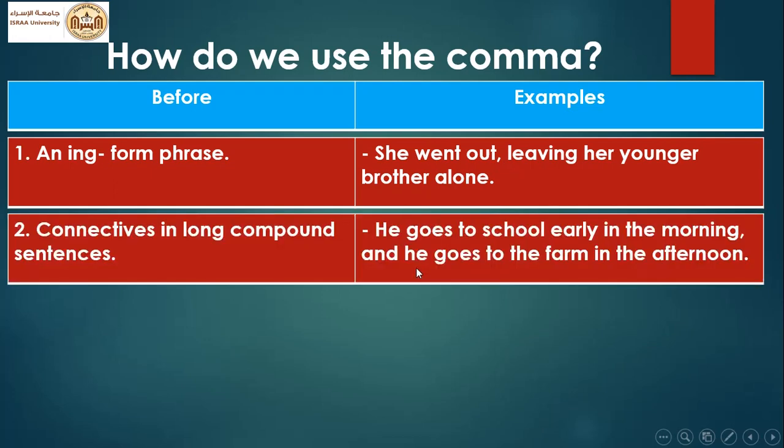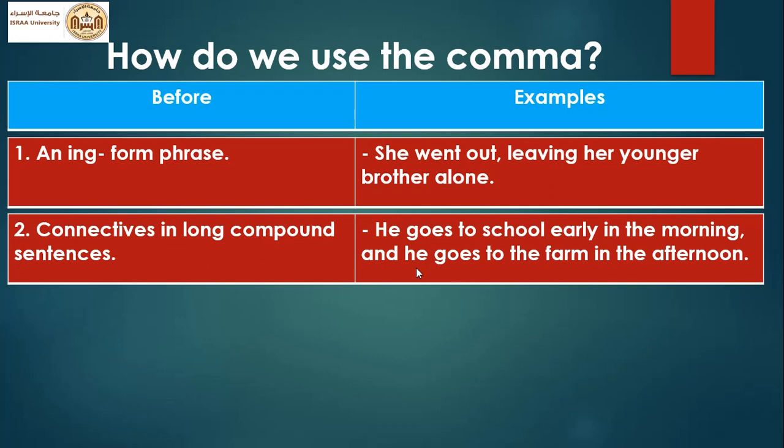Number 2, connectives in long compound sentences. Connective means using conjunctive words like the word and, so, but in compound sentences. You know that in English we have 4 types of sentences.